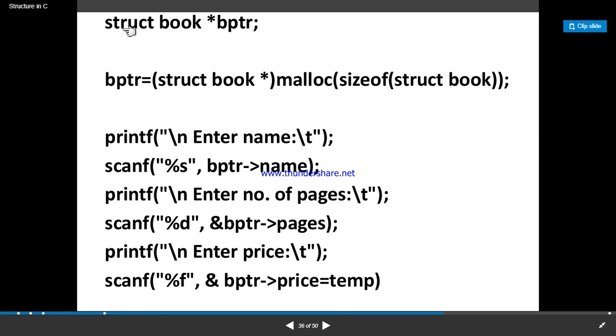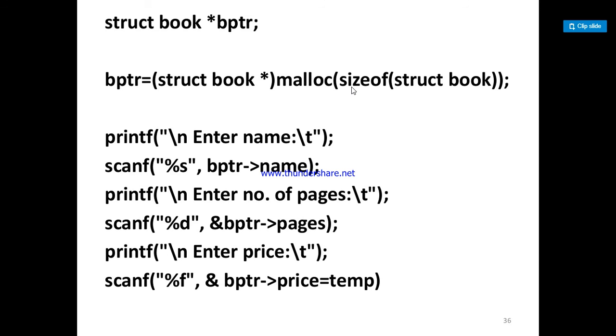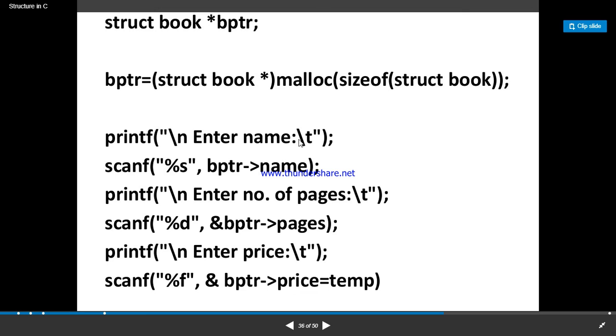Okay, this is the example. Struct book star bptr equals struct book star malloc sizeof struct book. Here malloc means dynamic memory allocation, and the sizeof function gets the size of the structure book, and then printf enter the name, bptr name.